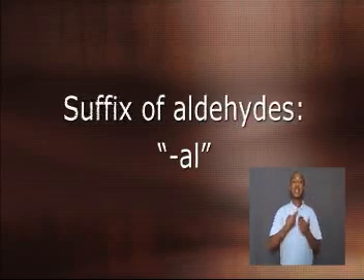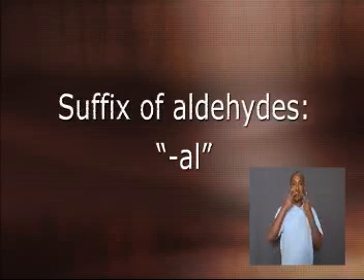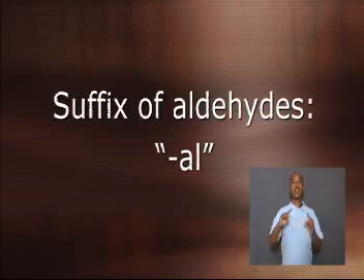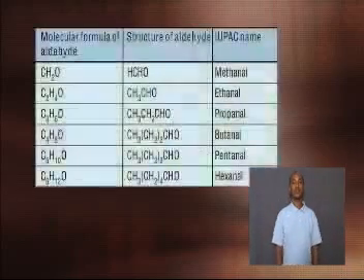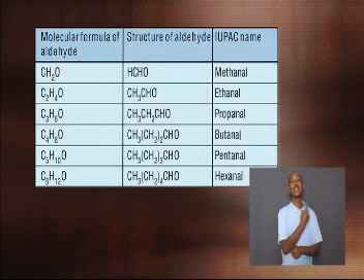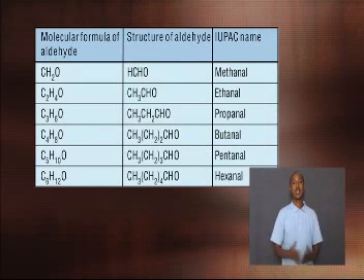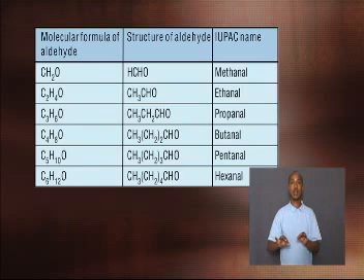This suffix is an indicator of the functional group CHO. Here is a list of some of the lowest members in the aldehyde group. Notice that each compound has replaced the -e suffix of alkanes with the -al suffix of aldehydes.